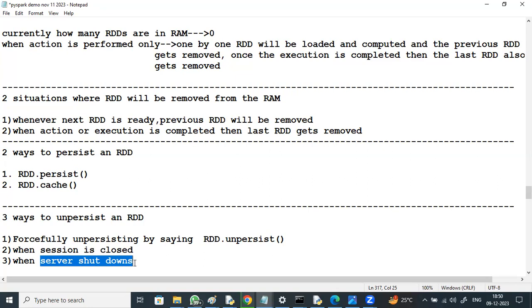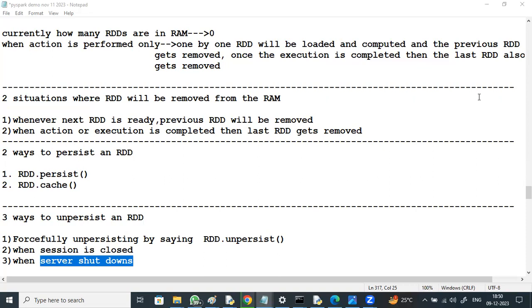So there are two methods, as you said, that we can persist into the memory or to the disk. If it is in the disk, then we have to bring that to memory. Is that correct? When you are trying to persist in the RAM, already the RAM is busy with other RDDs getting computed. Now if you are persisting, there is no space in the RAM, then in such case the execution fails.